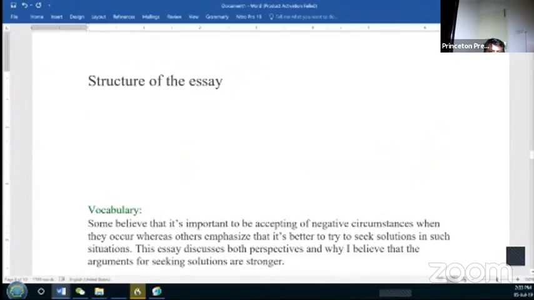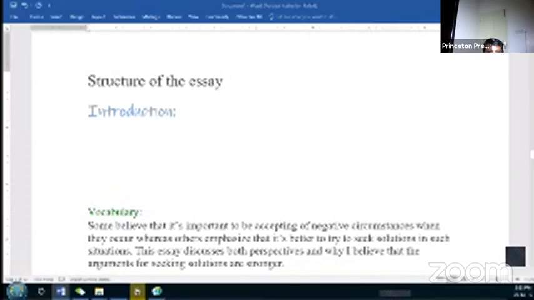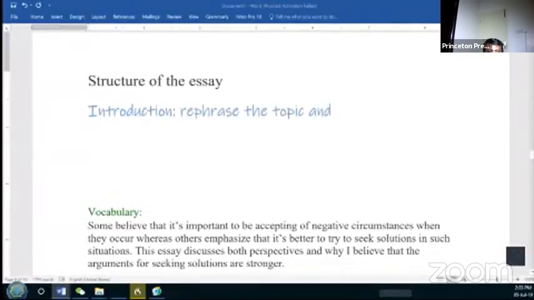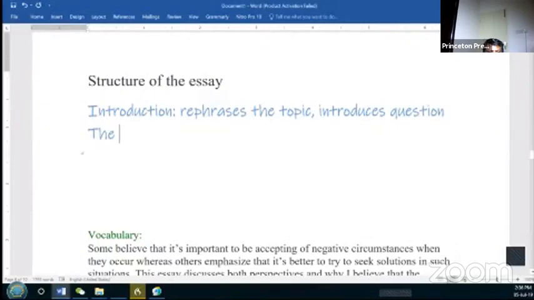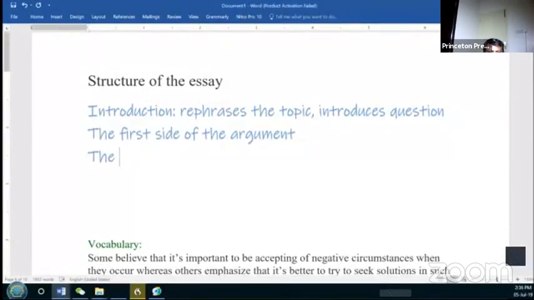Now, when it comes to the structure of this essay, it's quite simple, really. We want to have the opening paragraph be the introduction, which rephrases the topic and introduces the question. Then, in our second paragraph, we want to cover the first side of the argument. Then the next paragraph covers the second side of the argument.